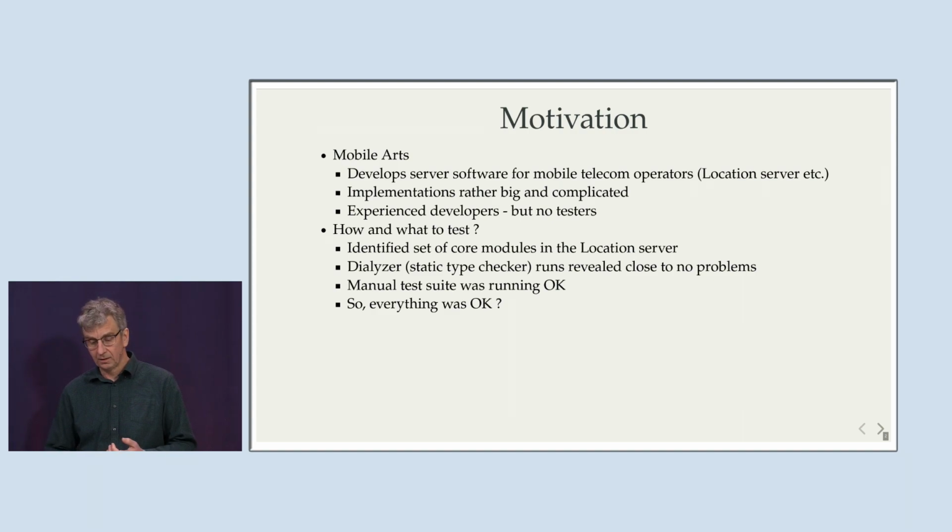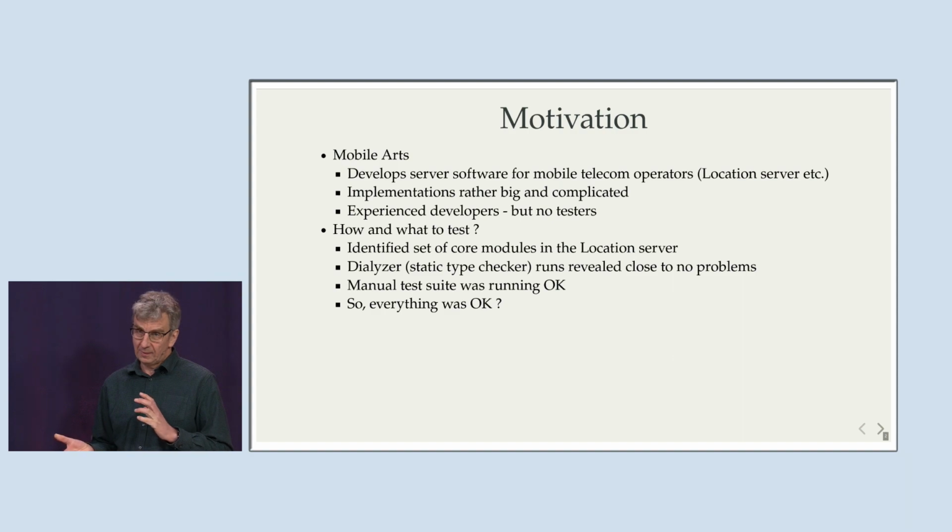We executed Dialyzer, a static type checker, on it, and it looked pretty much okay, as you can expect if you have experienced developers who tend to produce quite good code. We also had a number of manual test suites that were running okay.